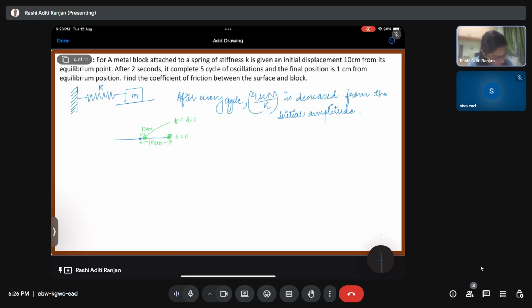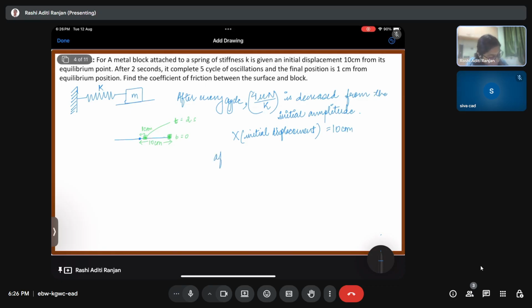So if x, which is the initial displacement, was 10 centimeter, then after 5 cycles, means 5 times of this value, 4 mu N by k, right?